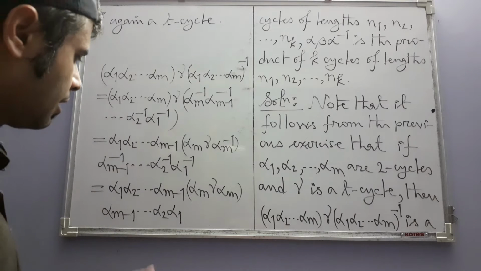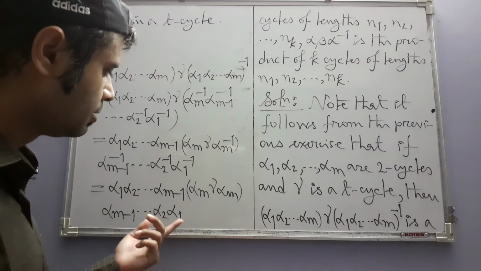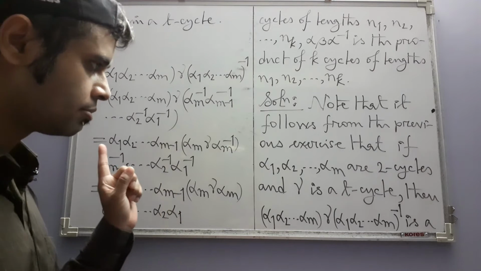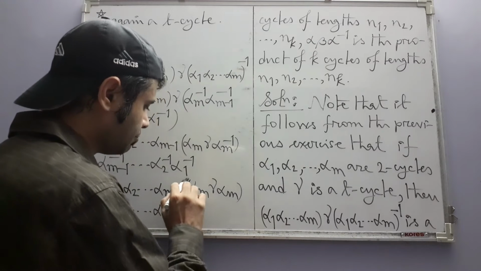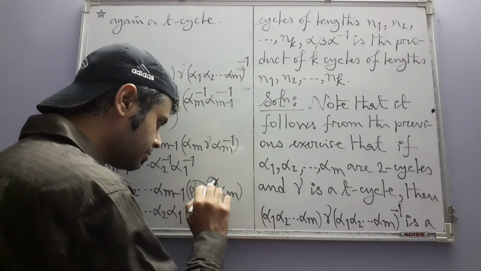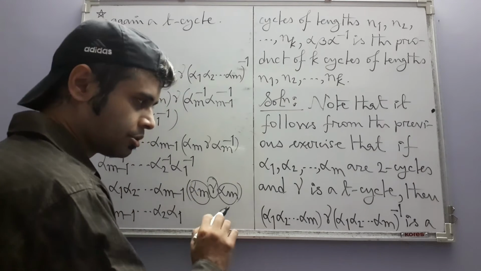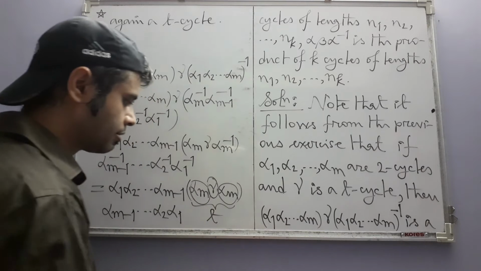Okay. Now on this, it is very easy and straightforward to see how we will use the result of the previous exercise. Because you see, now what do you have within this parenthesis? A 2 cycle, a T cycle, another 2 cycle, same 2 cycle. So by the previous exercise, this is again a T cycle.